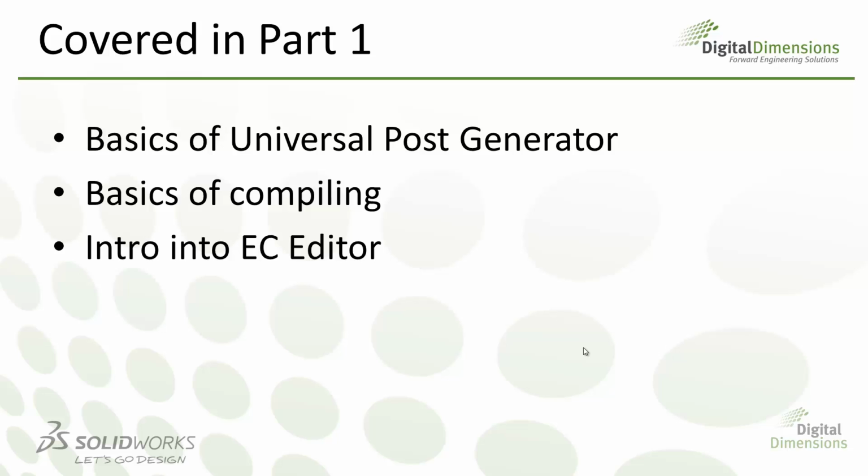At the end of the CADcast, I got into an intro to EC Editor, the text editor that's really friendly to customizing CAMWorks Post Processors, how to manipulate it, and also how to compile a post that you've modified in the EC Editor. Again, I want to stress that anything I'm doing today, I'm assuming you've already watched the first CADcast, and we're going to build on top of that with Part 2.